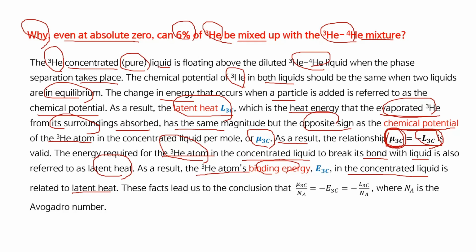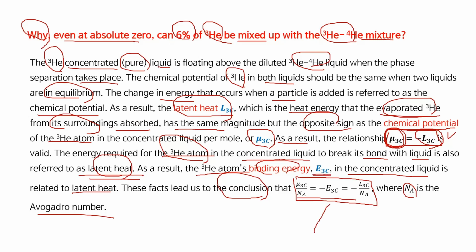So these facts lead us to the conclusion that this equation holds, where A is the Avogadro number. Okay. So the chemical potential is the same as the negative of the latent heat. So this relation holds. And also the latent heat is the same as the binding energy. So we can get this relationship.